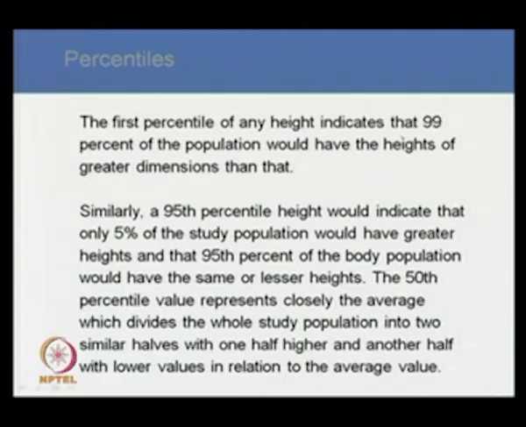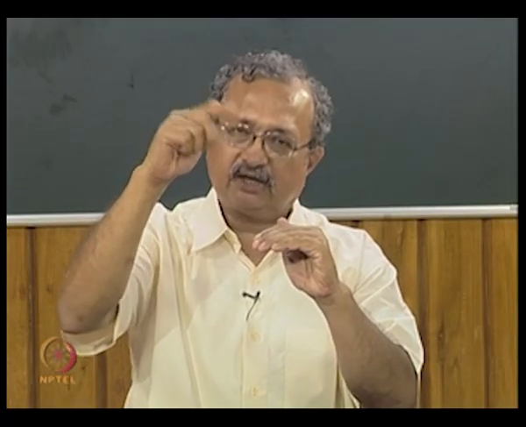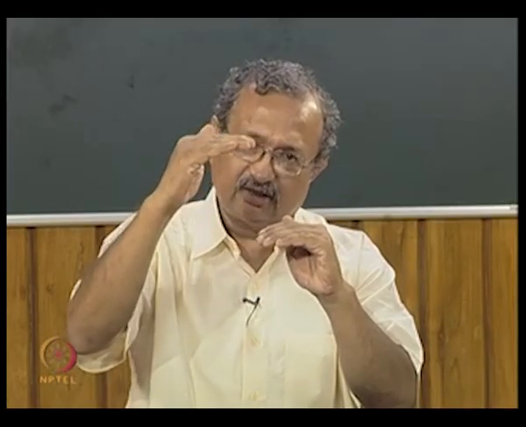If we measure 1000 people's heights, the minimum height we observed is 1 on a 100 scale, the highest value is 100, and all the rest of the data are arranged within this 1 to 100 scale.